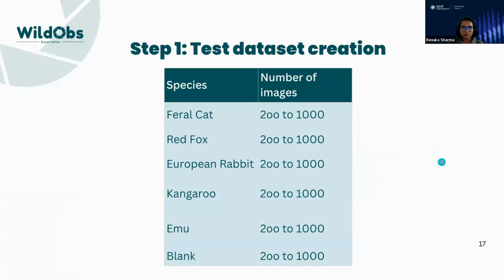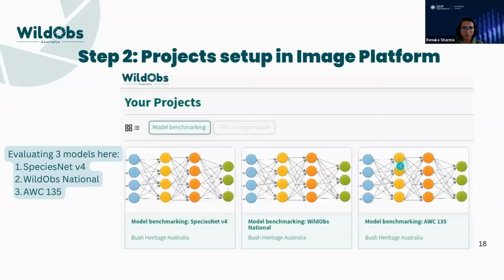So the first step that you have to do is create a test dataset. That test dataset should have a collection of all the species that you want to analyze from your dataset, from your camera trapping experience, the ones that are present in that particular region. Try to get 200 to 1,000 images each for every species.